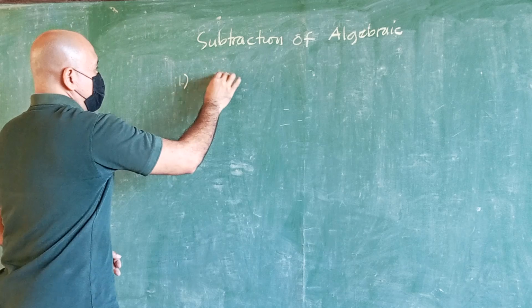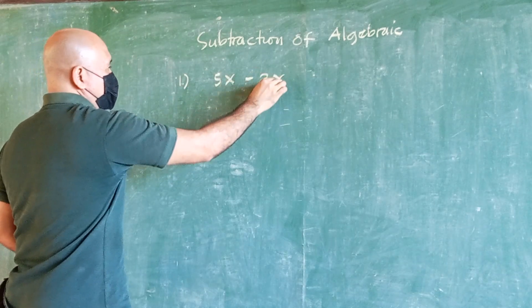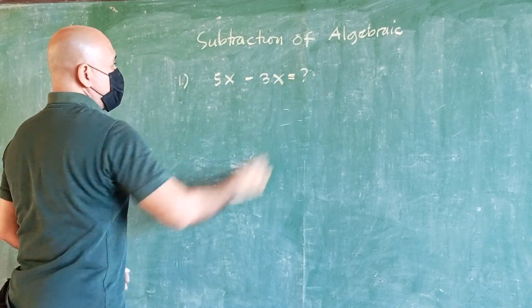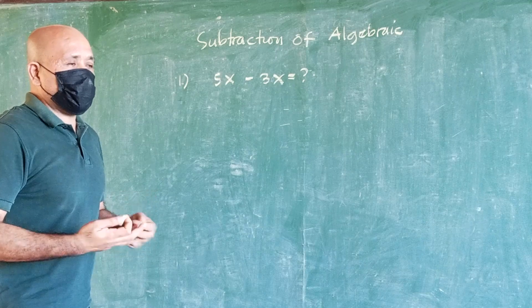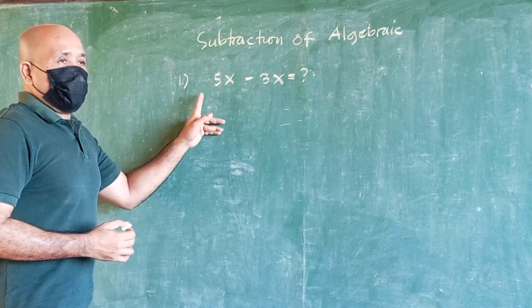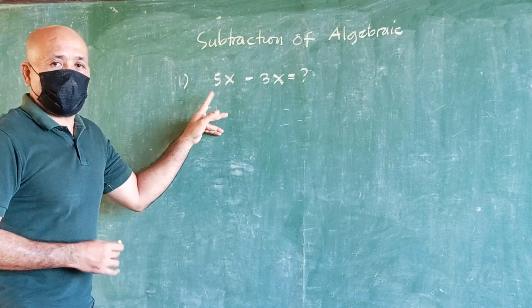We have 5x minus 3x, for example. What is the answer? Like in addition of integers, we also need to consider if the terms given are similar or non-similar.